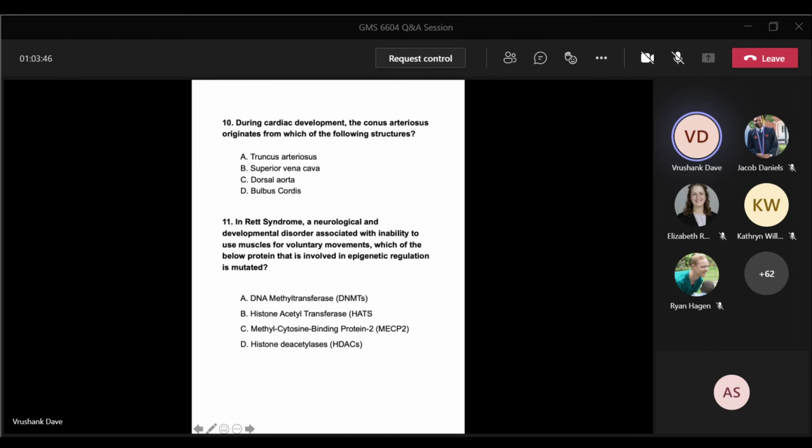So you're right. For almost 10 years or 20, not 15 years, I would say, MECP2 was known to be only binding to methylated cytosine, as the name suggests, but now it is known that it also binds to normal cytosines. But in that case, it activates.